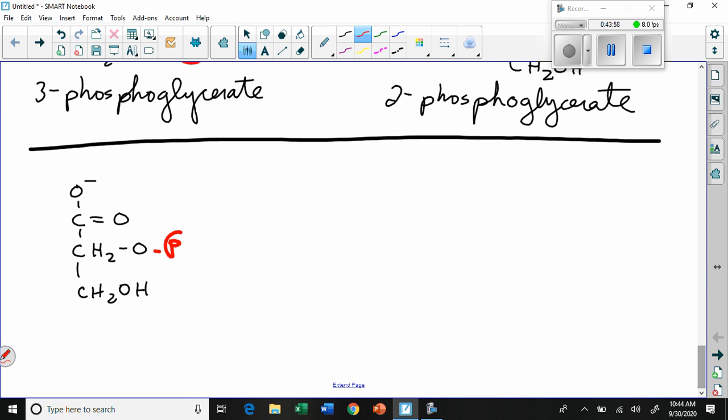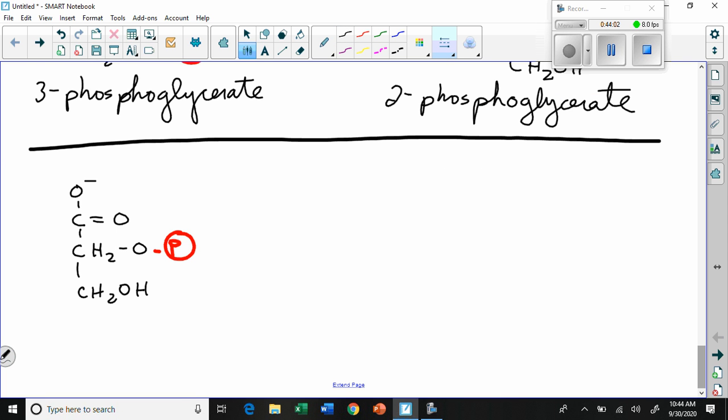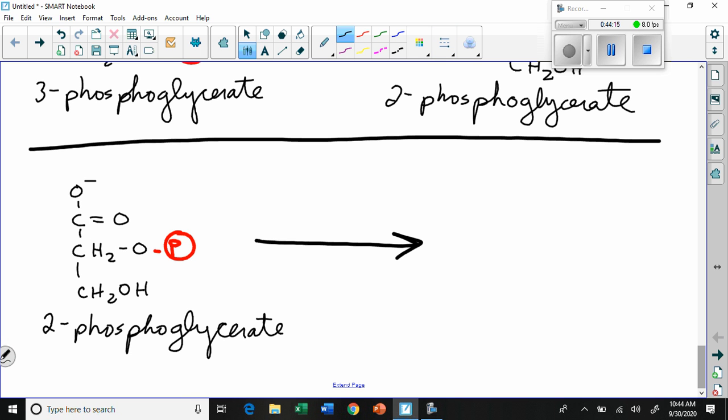So I'll put the phosphate on there, and we'll call this guy 2-phosphoglycerate, and we will draw what happens to him. He's going to turn into something called phosphoenol pyruvate.